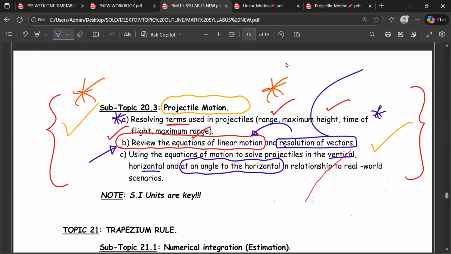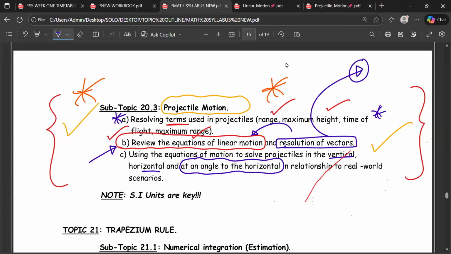So if you want to review resolution, you simply go back to that video of forces. We shall resolve these things the same way. So today it's linear motion, because before we cover projectile, we should know it. So today it is strictly linear motion and how you're going to review those things.